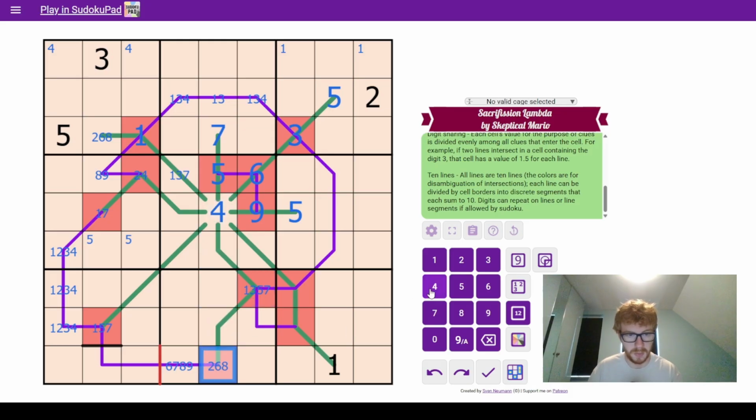And that couldn't be 4, I guess. So that couldn't be 8. I don't know what to do with that information. Well, this half needs another half somewhere, right on this purple line. But it could be that one or that one. I don't know.